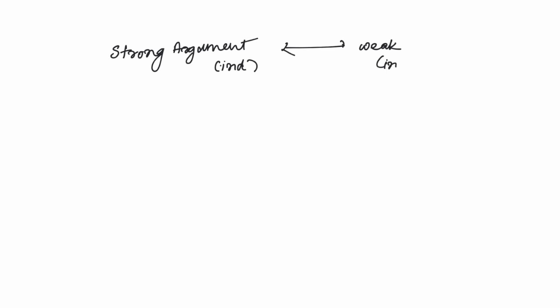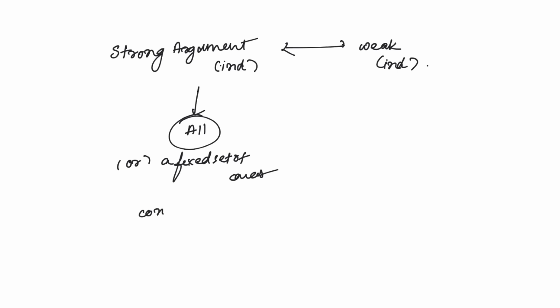So let's take a look at the strong argument. This is inductive. We can have the weak argument, same as the strong, but this is just inductive as well. In the strong, just remember, if anything is stating all, that is universal, or it's stating a fixed set of cases, or the conclusion is true in all cases, then we have a strong argument.